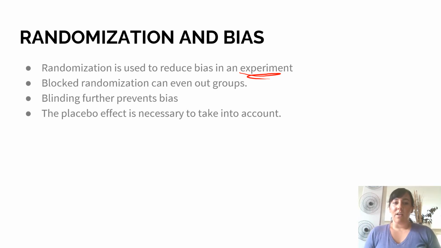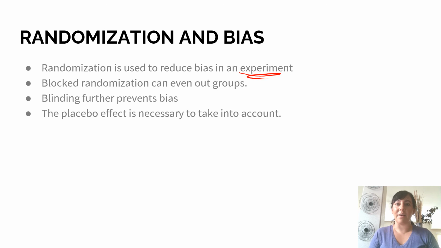Remember how blocked randomization allows us to even out the groups, or evenly distribute the lurking variables within those particular groups? And then blinding studies helps prevent further bias. It makes sure that the participants don't know what role they're playing in the experiment.